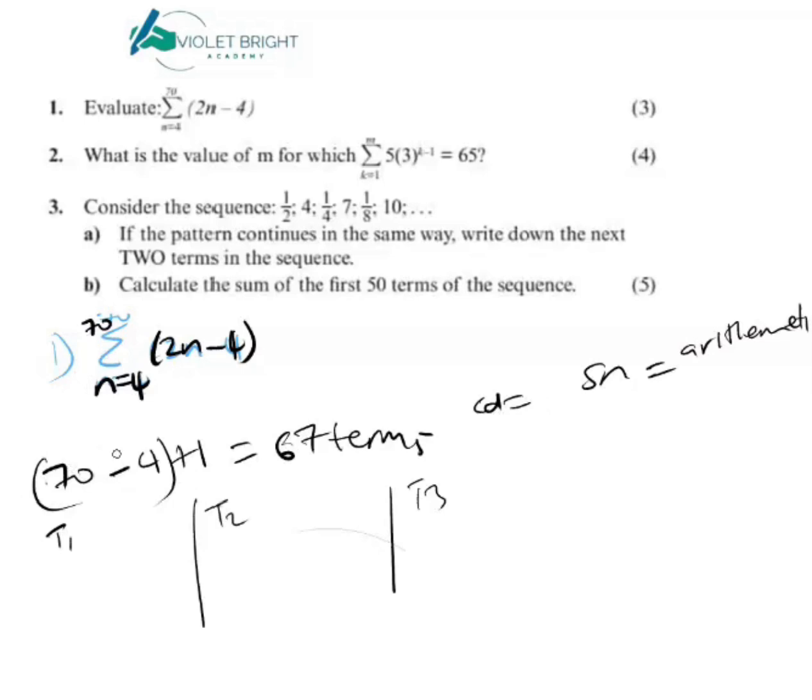Let's do that. Remember, like we did in the previous lesson, whenever our lower limit is 4, the first term will have n of 4, so the 5th term will have n of 5, and the 6th term will have n of 6.